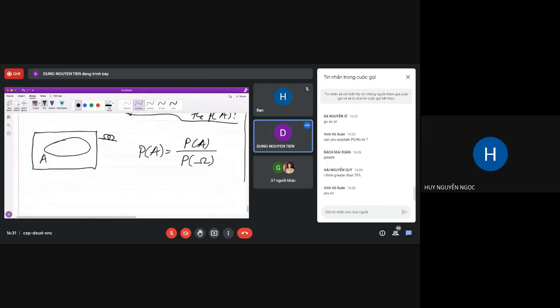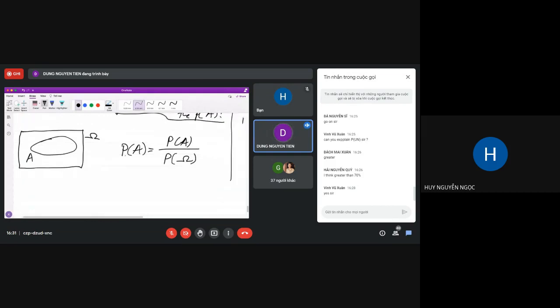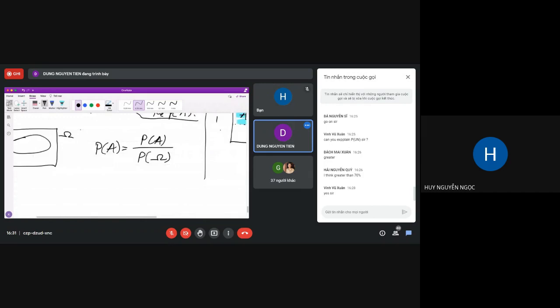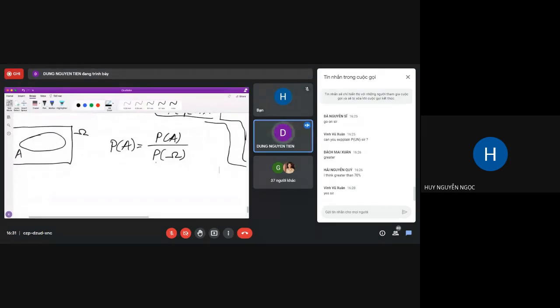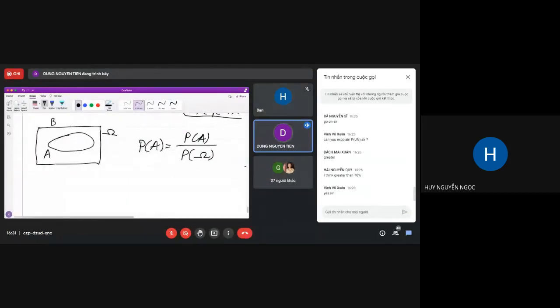Do you understand? Now, what is the sample space? The sample space is the set of all the possible outcomes. So when you know that B occurs, then B bar never occurs.